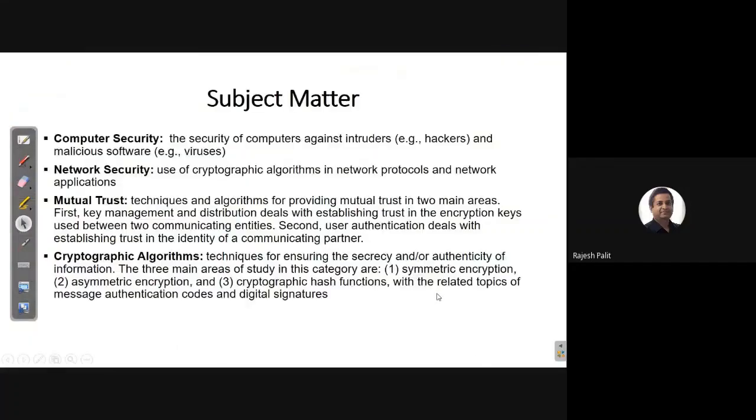In this course, what we understand by cyber security is that there are two terms. One is computer security or device security, and another is network security.